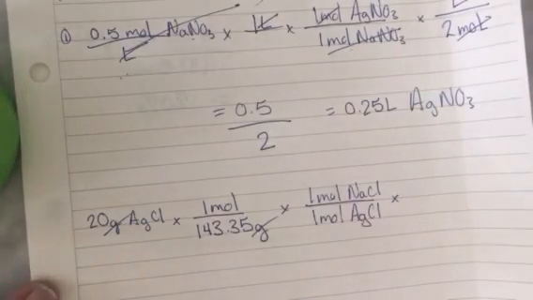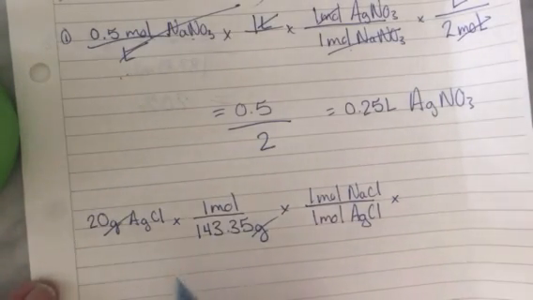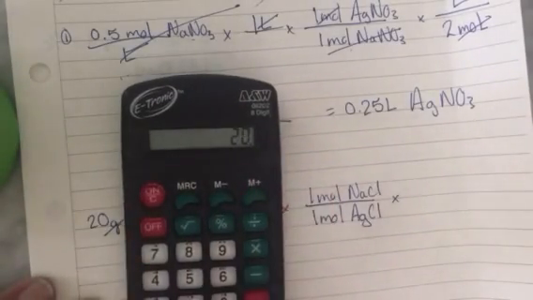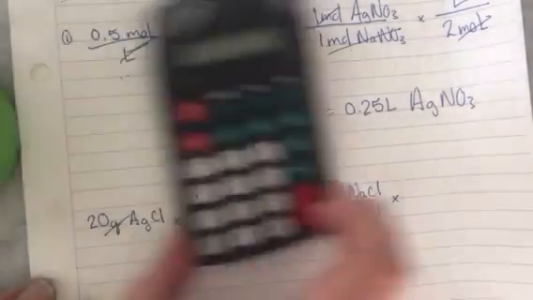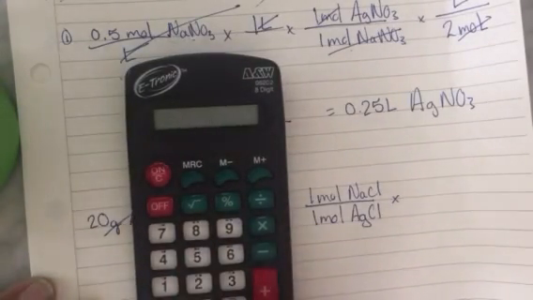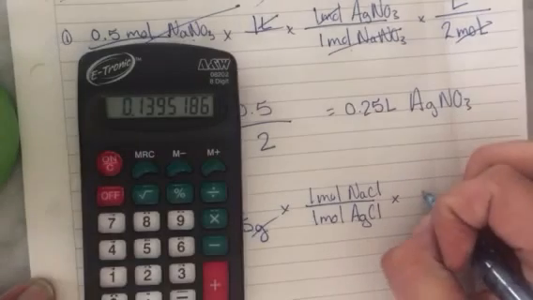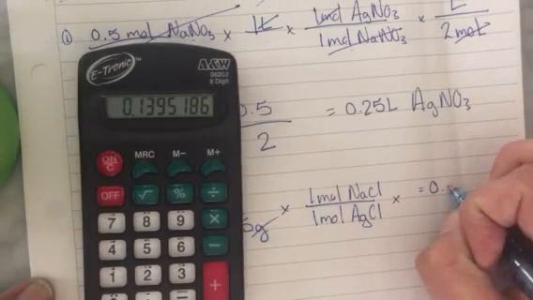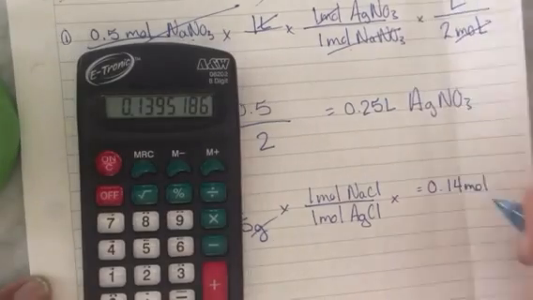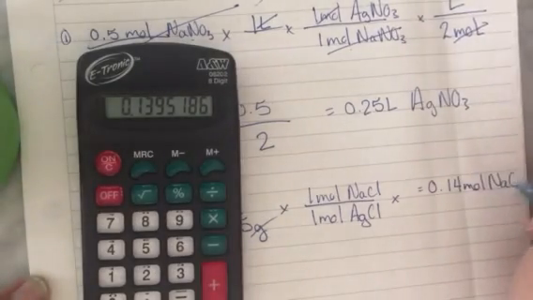And again, I know the volume of it. Well, let's go ahead and separate. Let's put this in. 20 divided by 143.35 is 0.14 moles of NaCl.